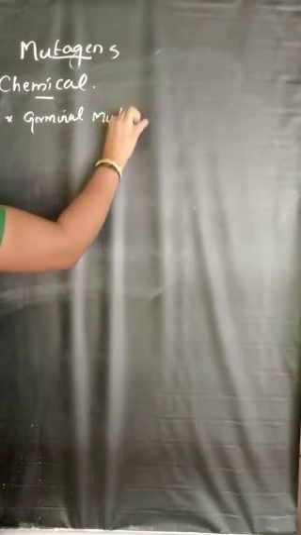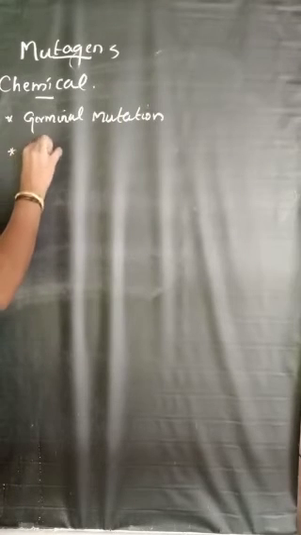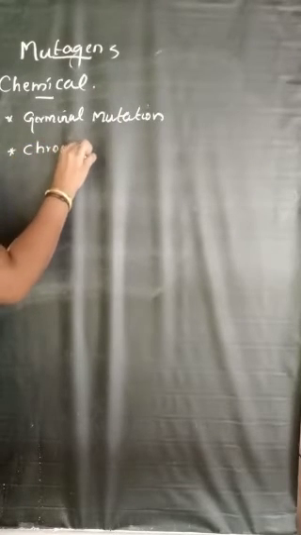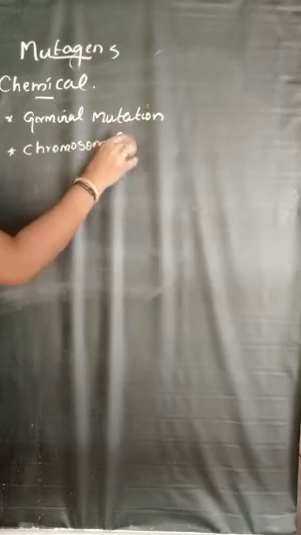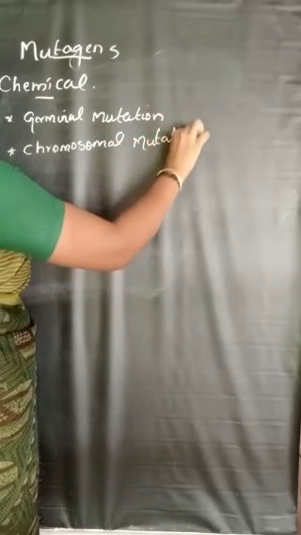Chromosomal mutation is also produced due to chemical mutagens. Germinal mutation as well as chromosomal mutation. Clear? Okay. Then examples are mustard gas.